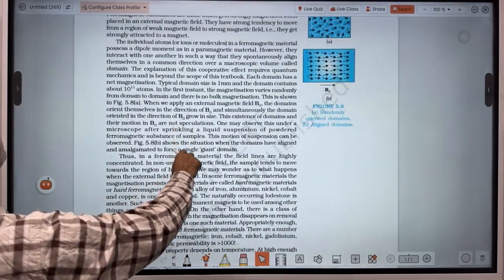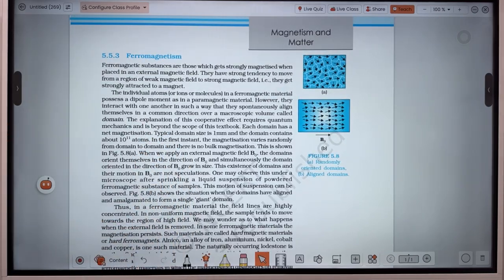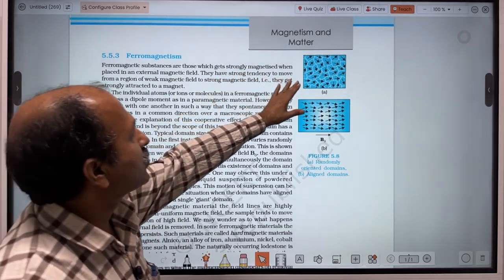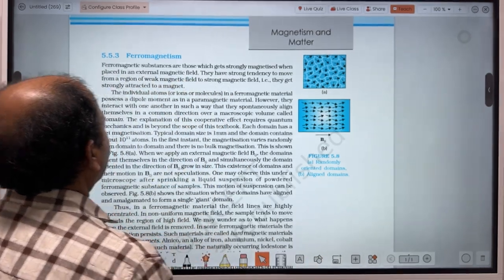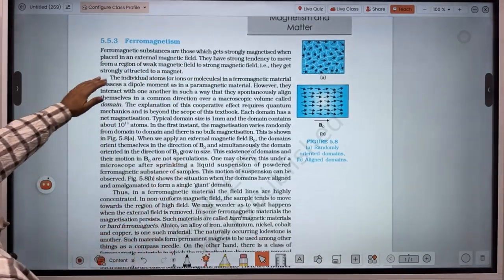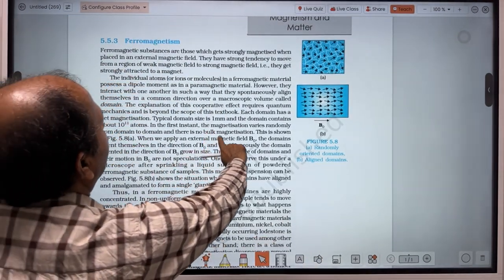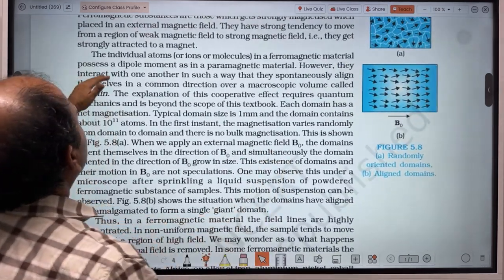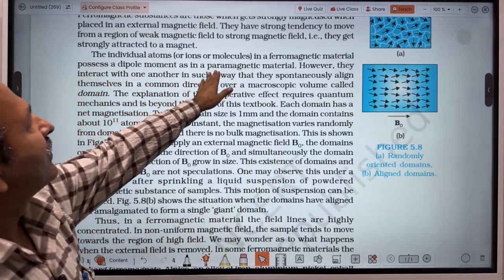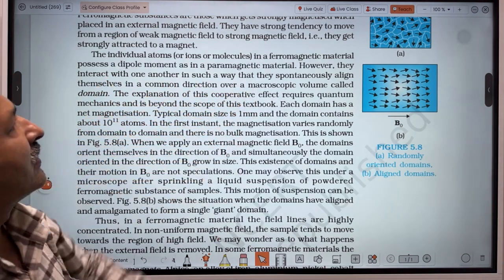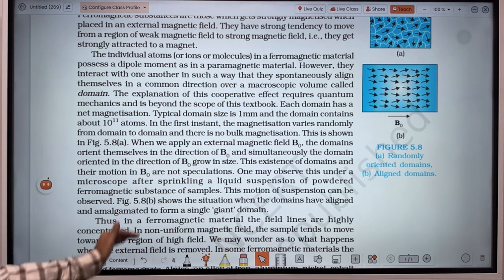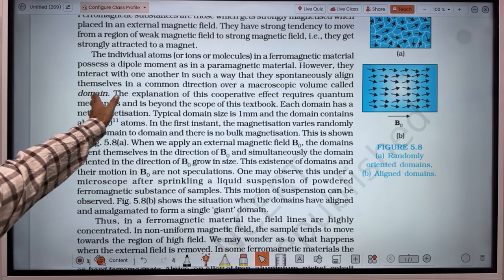Now, next point is ferromagnetic materials. Here magnetic domains are shown. When a field is applied, they all get aligned. The individual atoms or molecules in a ferromagnetic material possess dipole moments as in paramagnetic material. However, they interact with one another in such a way that they spontaneously align themselves in a common direction over a microscopic volume called a domain.